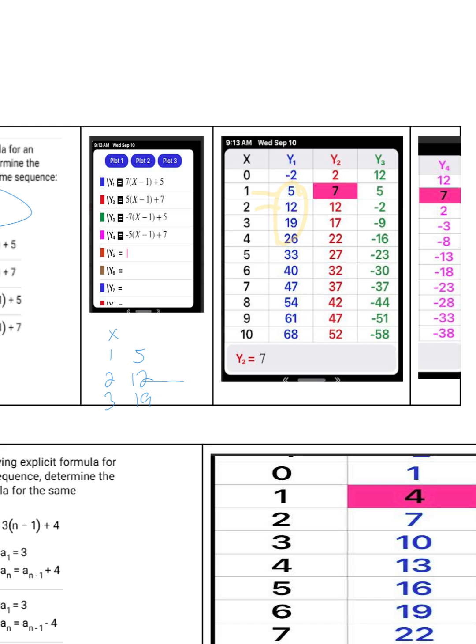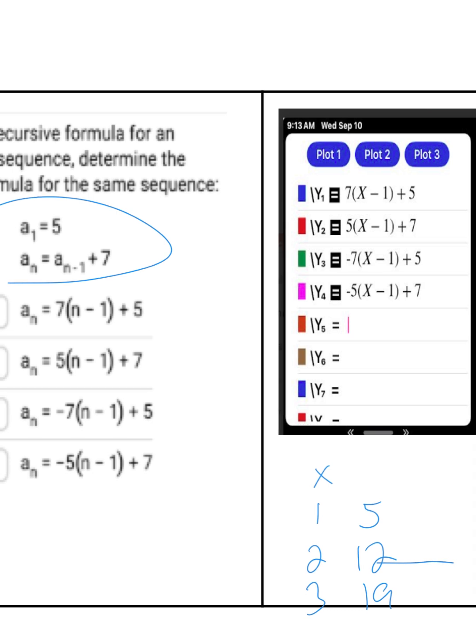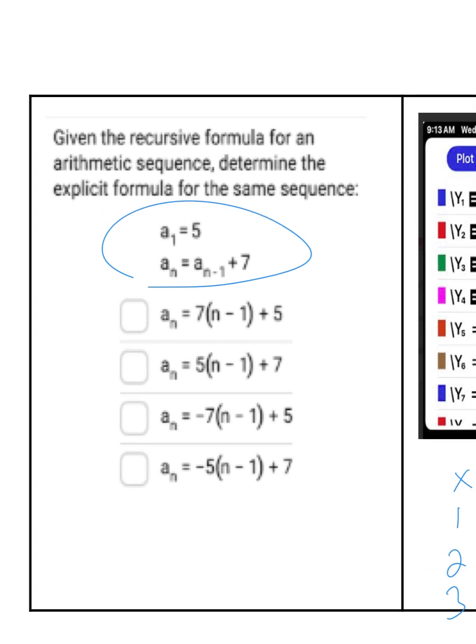Okay, so now let's look at the equation. So y1 is our answer. And so y1 has the 5 on the outside. So what was the 5 in our problem? 5 was a sub 1, the first term. So this outside, that a sub 1, is right here and right here.